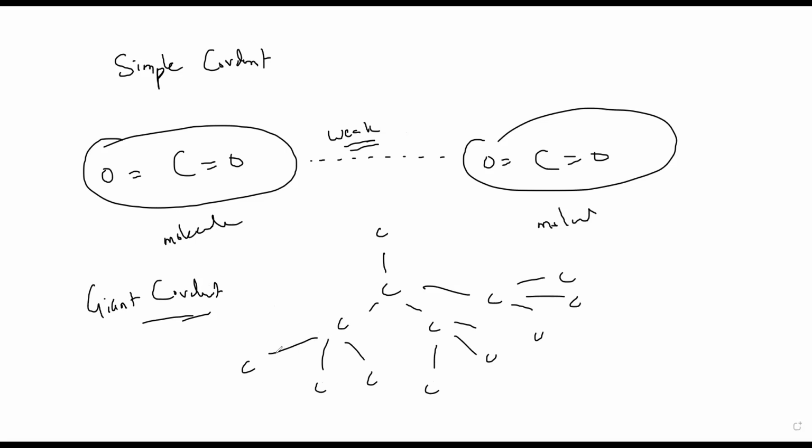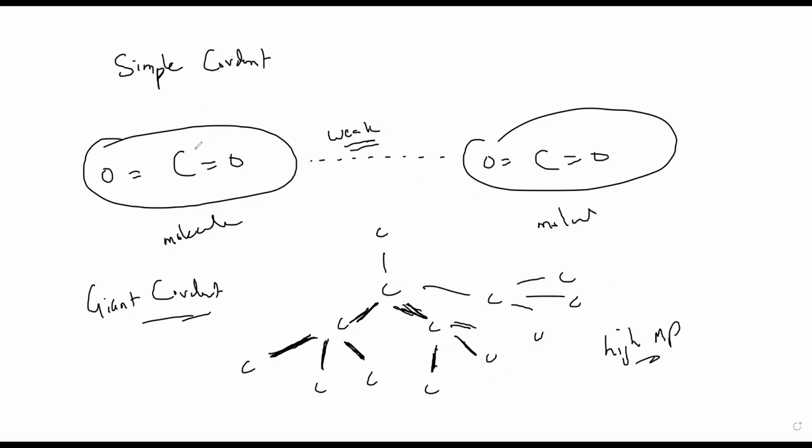This is representing the bond between the atoms. In a giant structure, there are covalent bonds between the atoms, and covalent bonds are stronger, and it is a big structure. That's why it will have a high melting point.